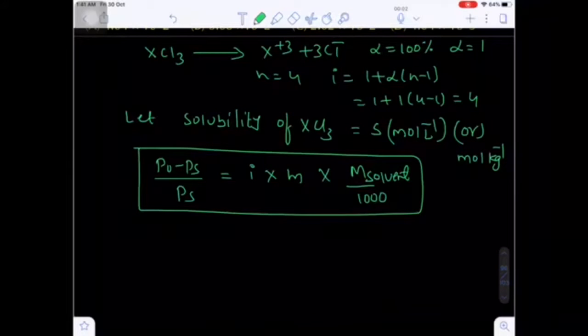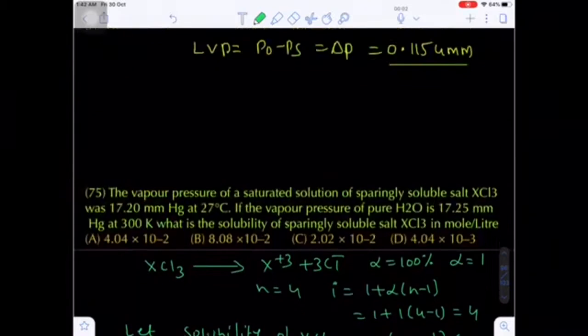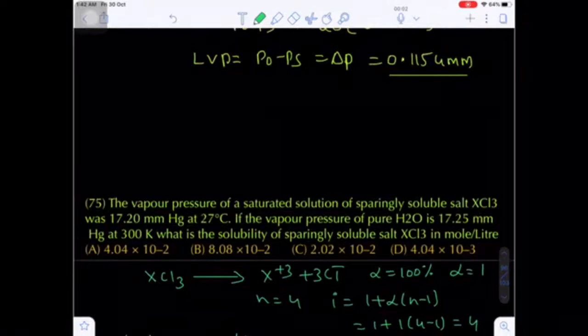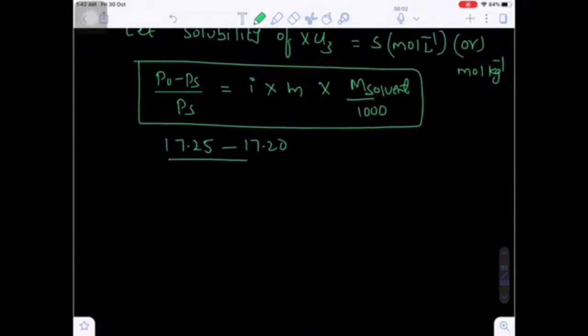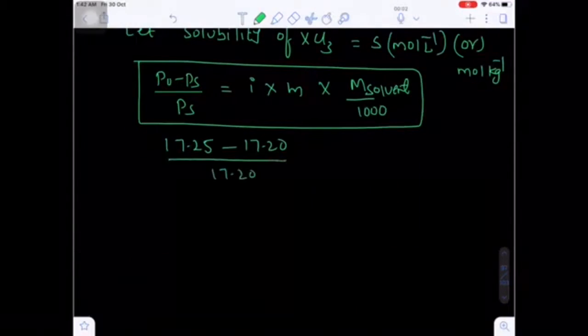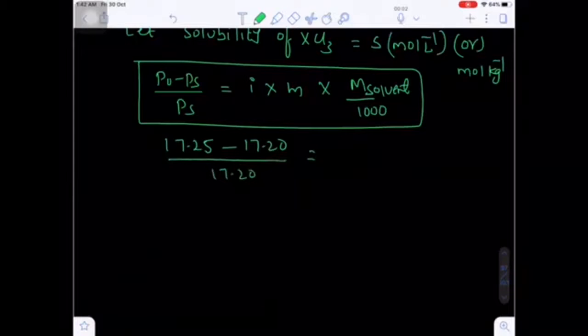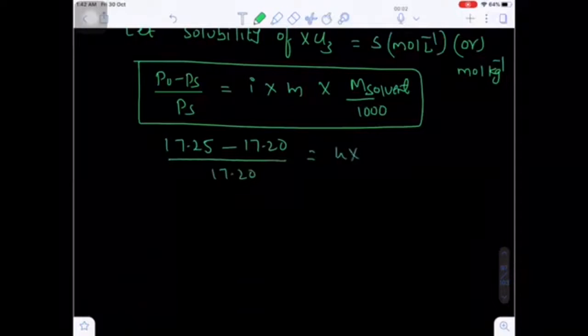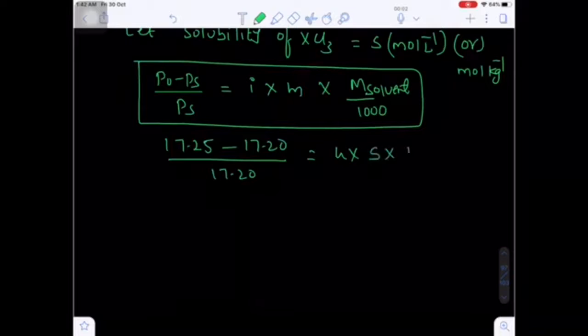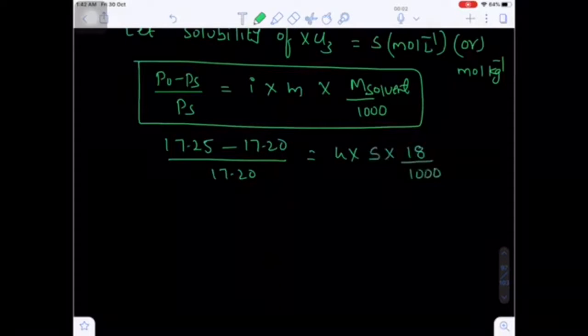P naught value is given as 17.25 and PS value is given as 17.20. So (17.25 minus 17.20) divided by 17.20 will be equal to iota value 4 into solubility S, into the molecular weight of water, the solvent, 18, whole divided by 1000.